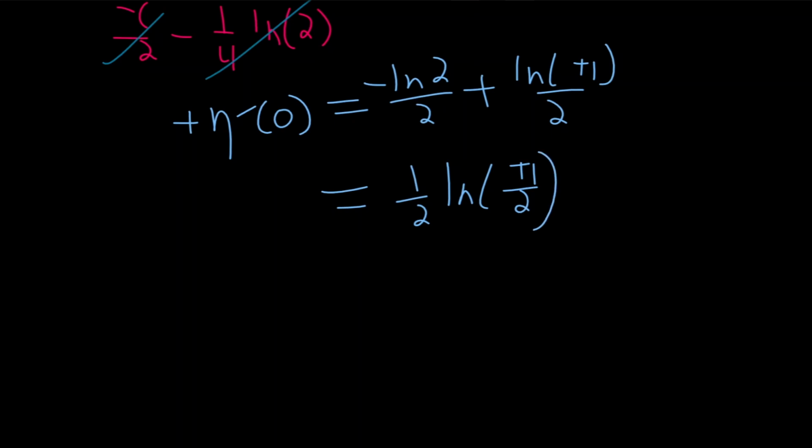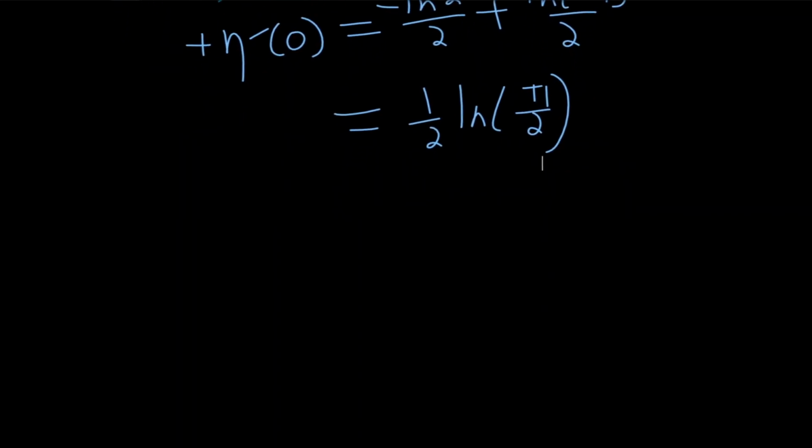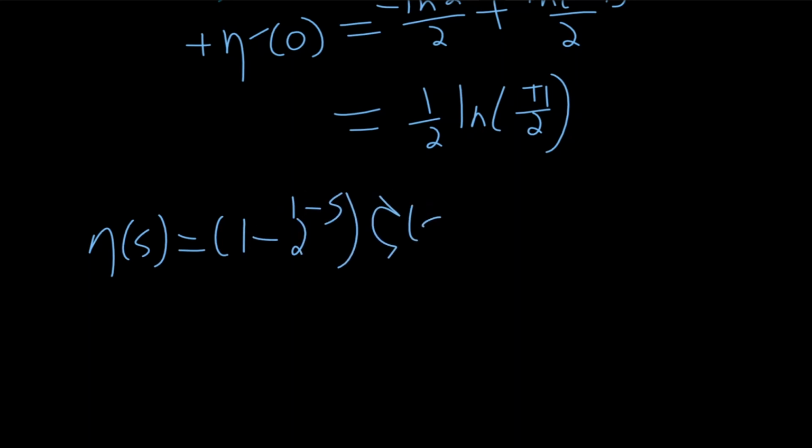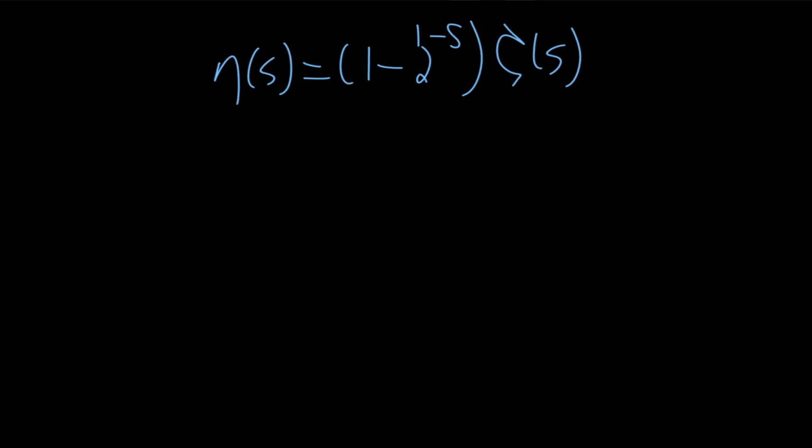Okay, so now that we have that, we can make use of one of our earlier formulas that I mentioned. This whole eta of s thing equals 1 minus 2 to the 1 minus s, and then times zeta of s right here. So differentiating this according to product rule, we have eta prime of 0 is going to be equal to, well, the derivative of this first term.